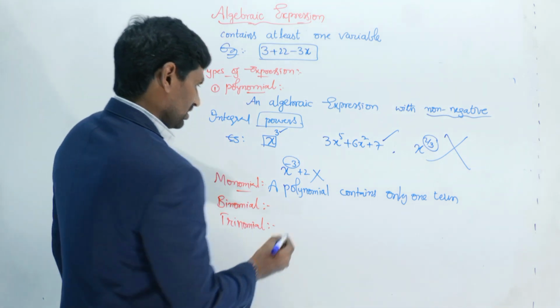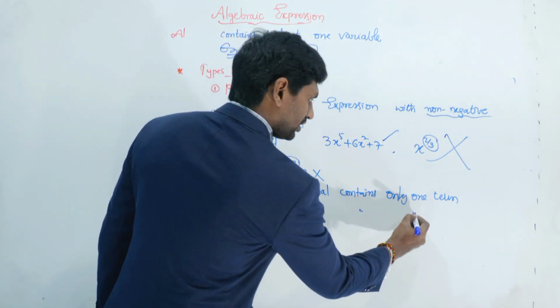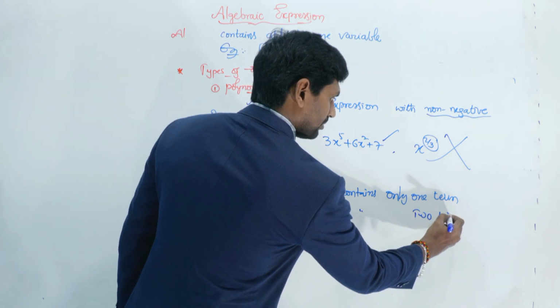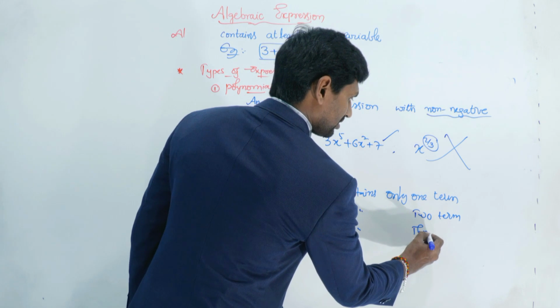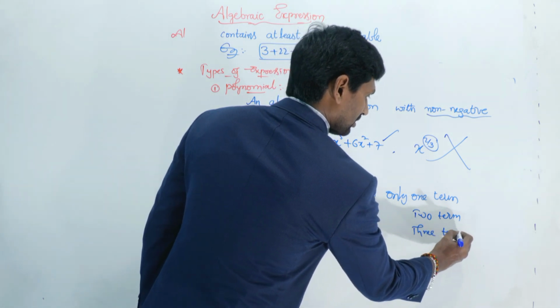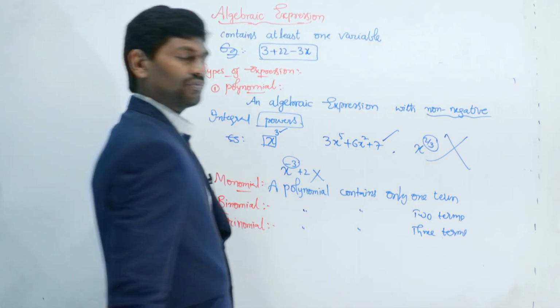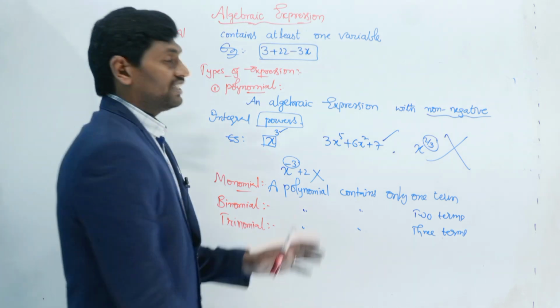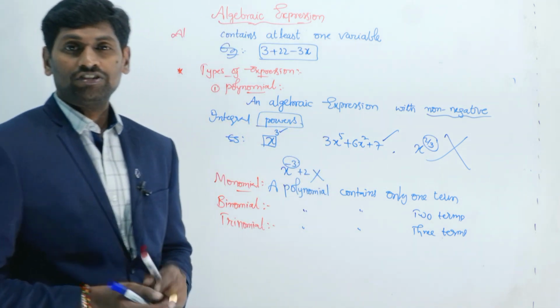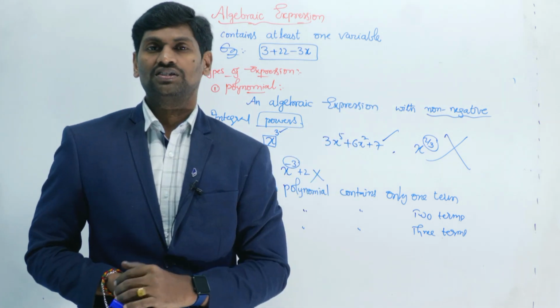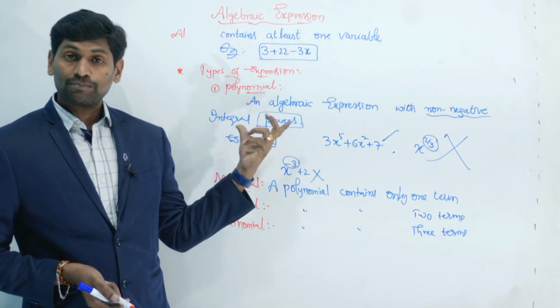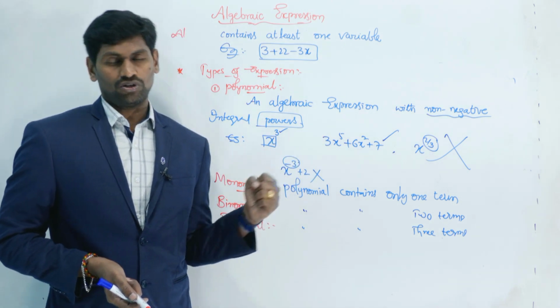A polynomial containing only two terms is binomial, a polynomial containing only three terms is trinomial. What is a polynomial? It is an algebraic expression which must have non-negative integral powers. Such type of expressions is called a polynomial.